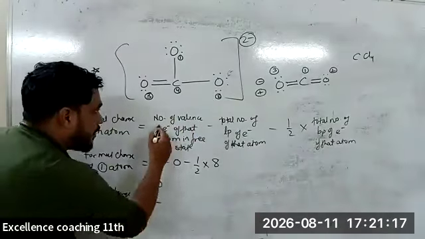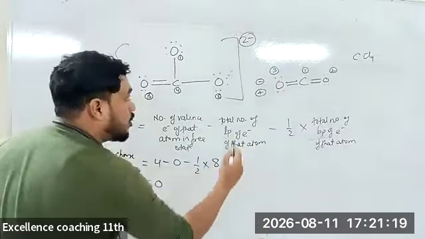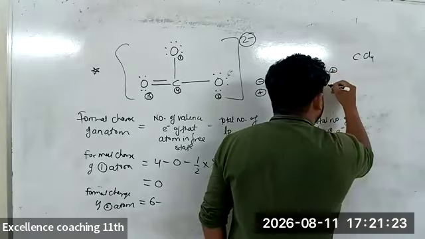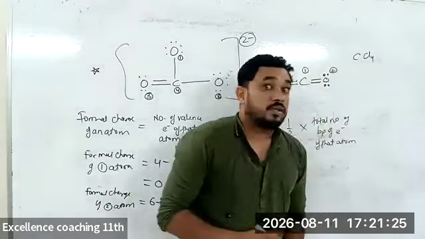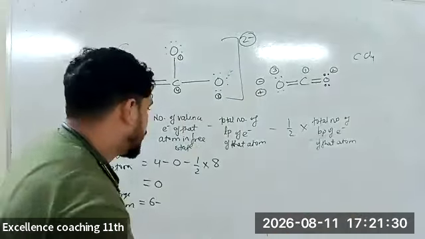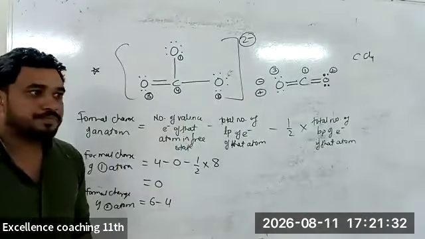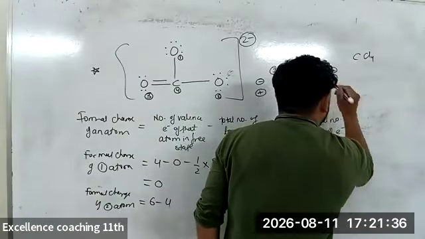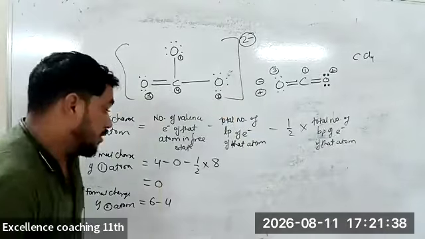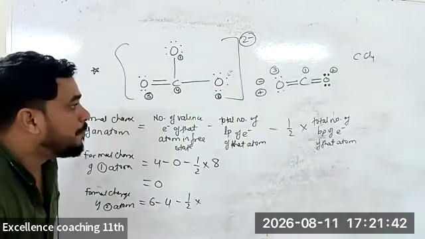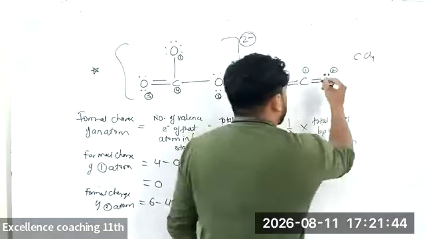Minus total number of lone pair of electrons of that atom, the pairs which are not taking part in bonding. Pairs are 2, electrons are 4. Minus half into total number of bond pair of electrons of that atom.